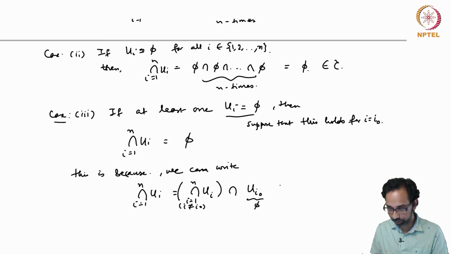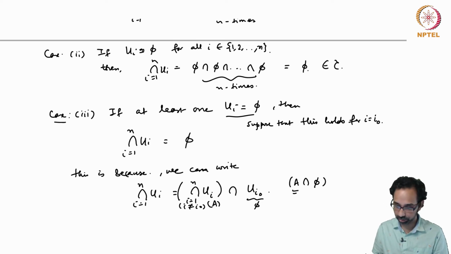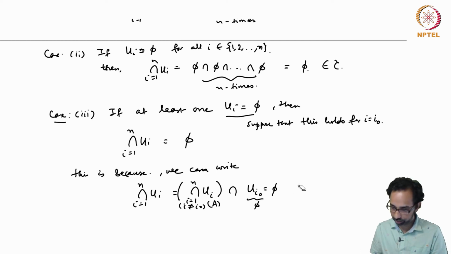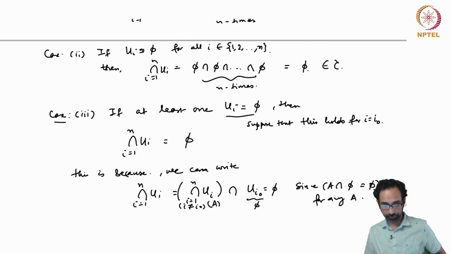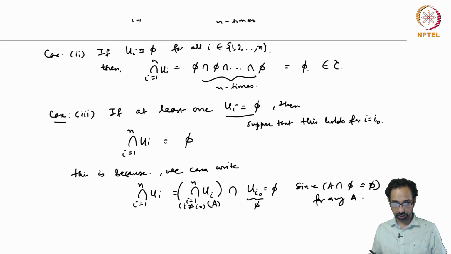Then this is of the form A intersection phi, where A is any set, and we have the intersection with the empty set, so this must be empty, since A intersection phi is empty for any A. So in this way we have shown that either all of them are empty or all of them are X, or we have at least one which is empty, then the collection is closed under finite intersections.